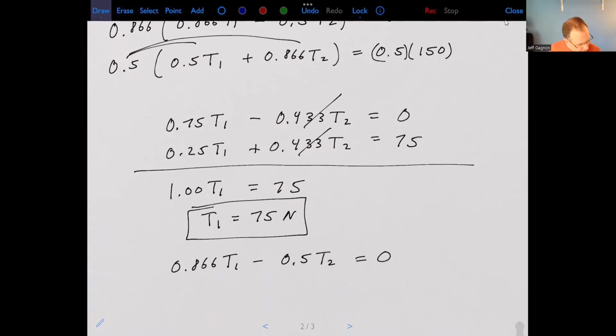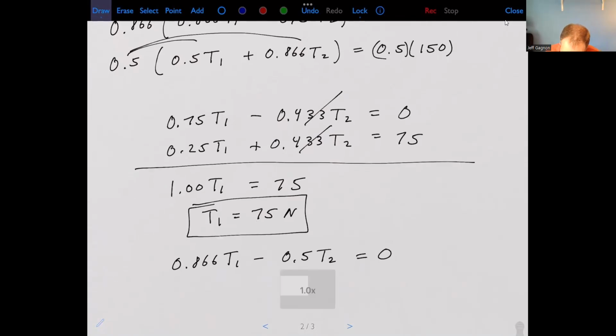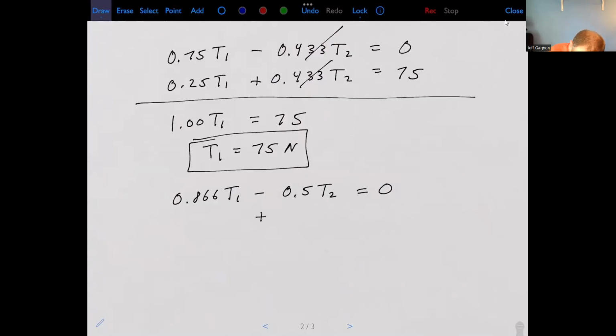Let me solve that for T2. Let me first add it to both sides to bring it over to the right-hand side. So I have 0.866 T1 is equal to 0.5 T2, and then I'll divide by 0.5.